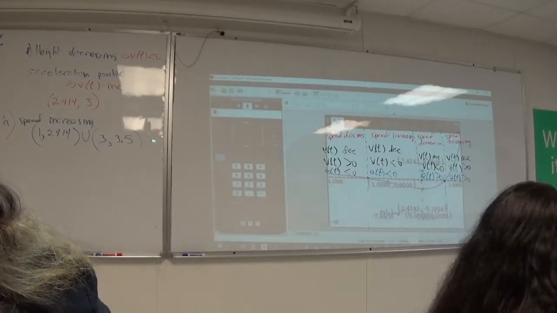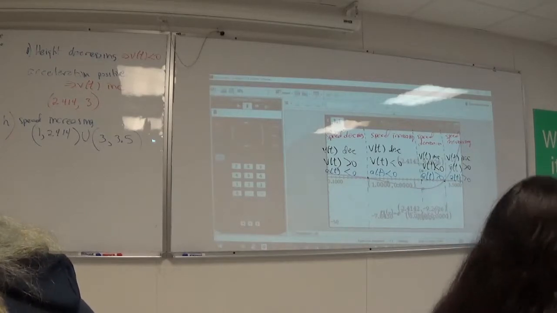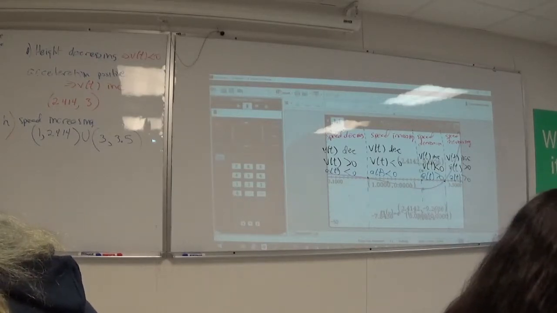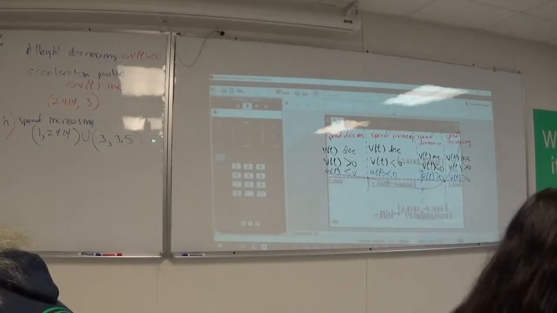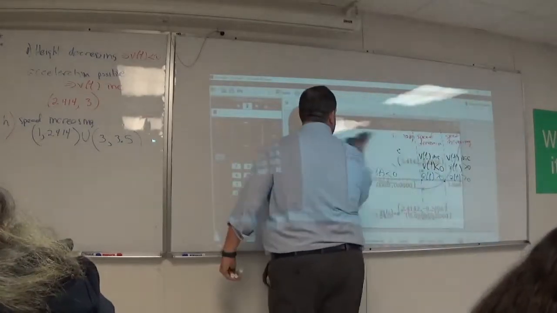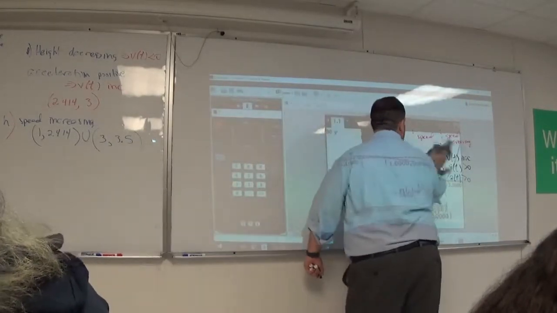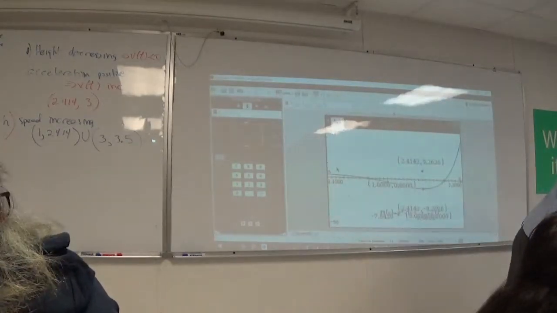I want to see what we can do in part J. I want to sketch the graph of the cat's height above the ground. I'm going to blow your minds at least a little bit here, and this is getting us to the antiderivative.